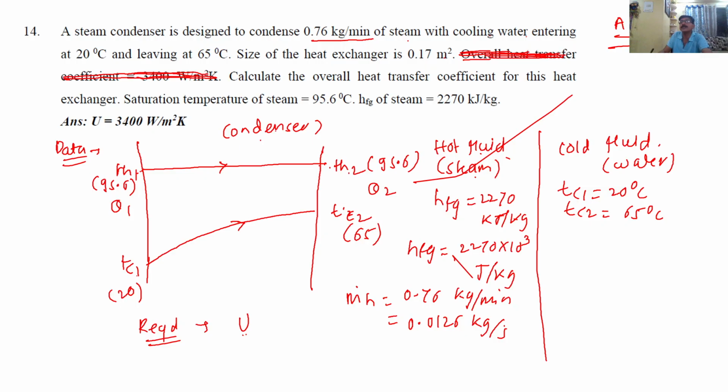Only unknown is A. So what is A? A is equal to Q by U theta m. So what is Q? Q is 20997.9. What is U? 133.33, it is calculated here. And what is theta m?